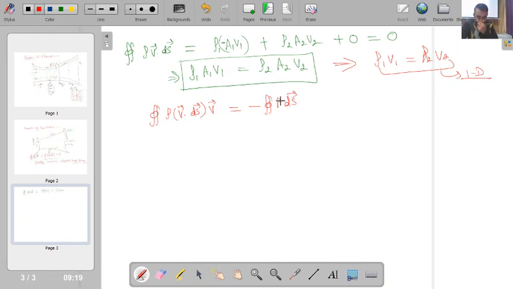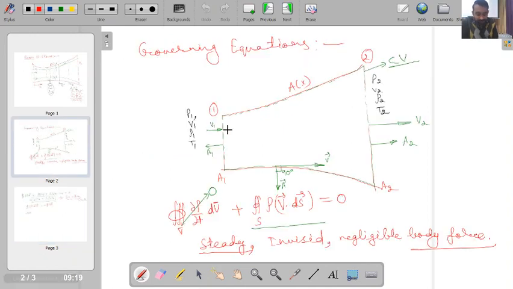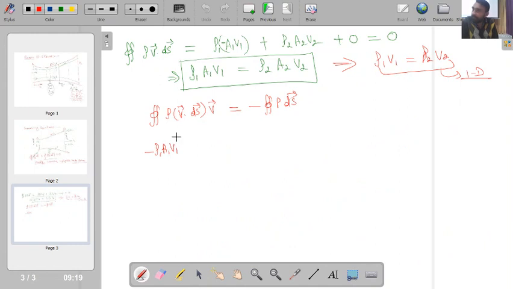Now tell me the left hand side. In the left hand side, rho V dot ds we have just calculated. So it will be minus rho 1 A1 V1, and then I have this V vector also. If you see on this face, it is pointed in positive direction, so it will be V1.